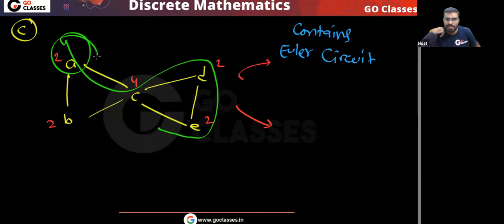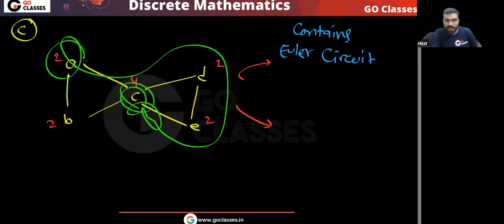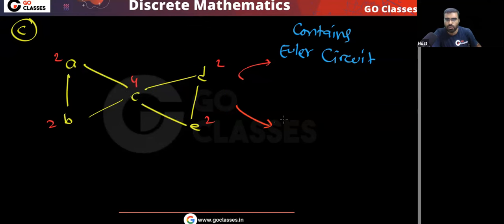I cannot visit this vertex again. So if I start here, I cannot visit it again. So is there any Hamiltonian cycle? There is no Hamiltonian cycle. You can check.